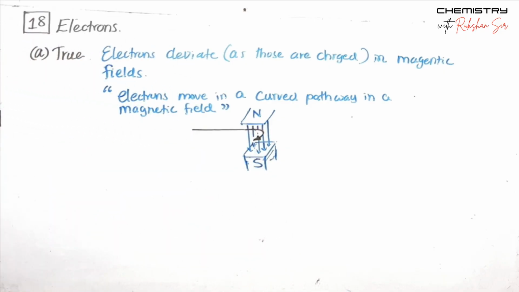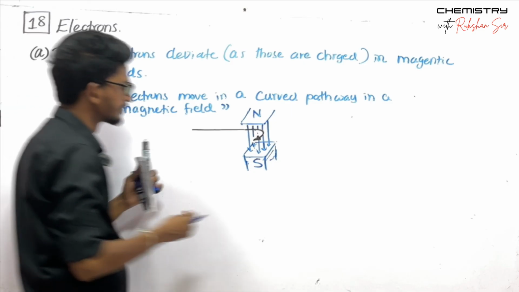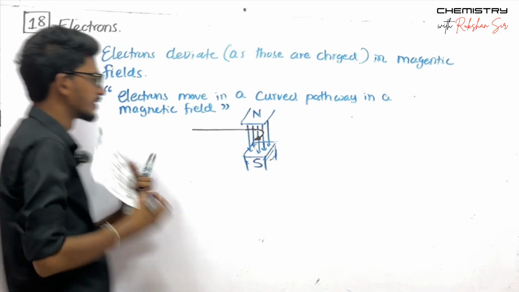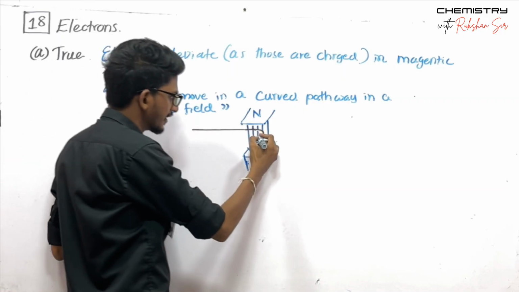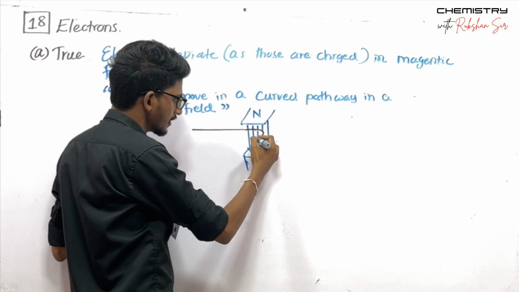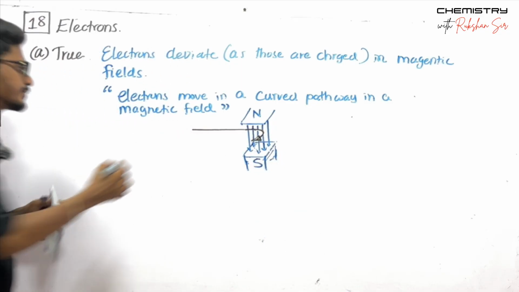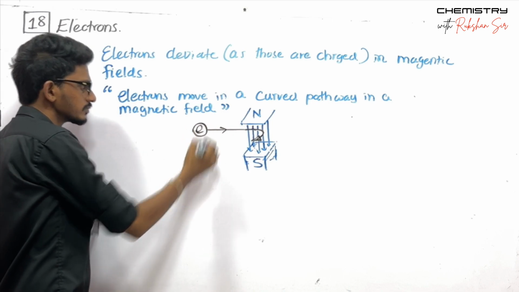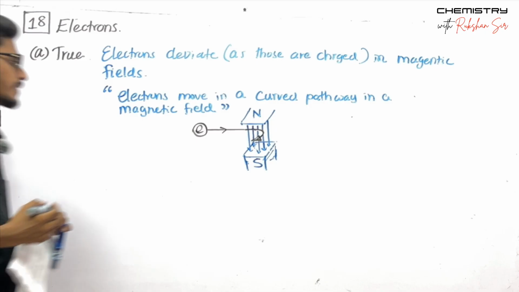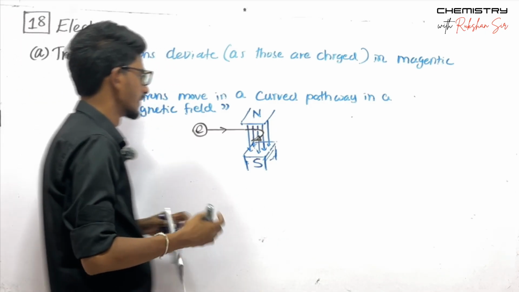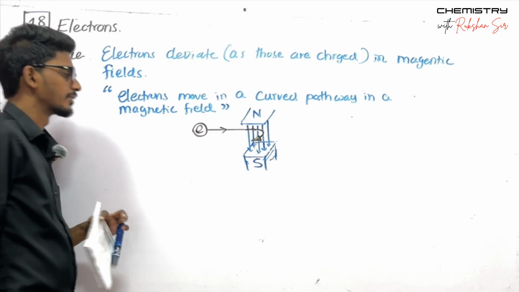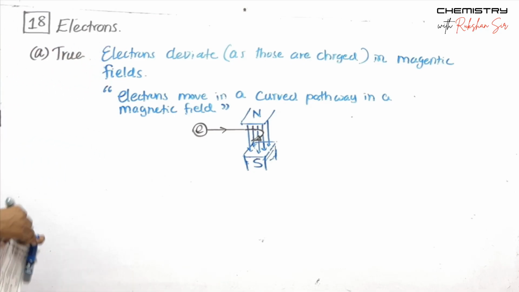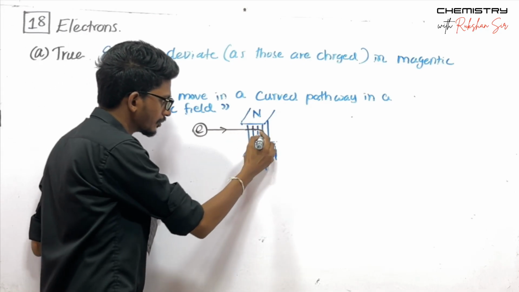Kind of curvy movement in presence of a magnetic field. Right? Only curved path like this. In a 3D magnetic field, this is what happens. Not towards any of the poles, but kind of curvy movement there. Right?